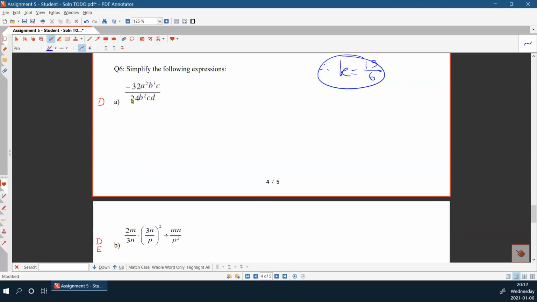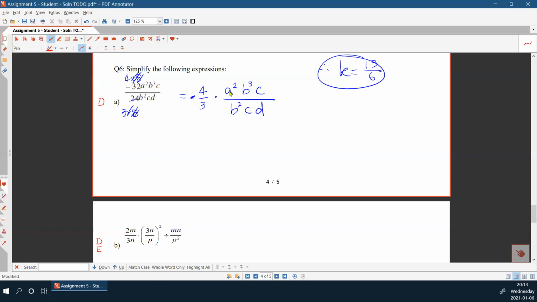Okay, 32, 24. 32 is 4 by 8, right? 4 by 8. 24 is 3 by 8. So we can first cancel an 8 here, which gives you minus. Do not forget the minus sign. Minus 4 over 3. And then you have a to the a squared b cubed c. And then b squared c and d, right?